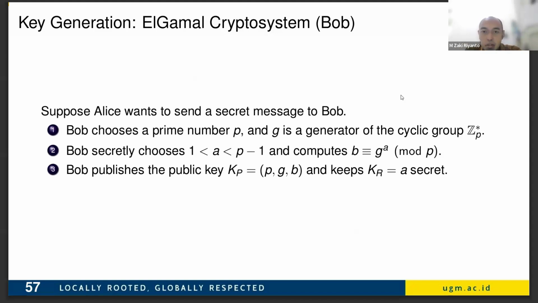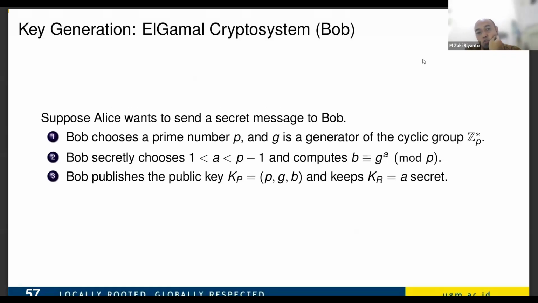So the first process is key generation. Suppose that Alice wants to send a plaintext to Bob. So Bob creates a pair of keys, the public key and the private key.